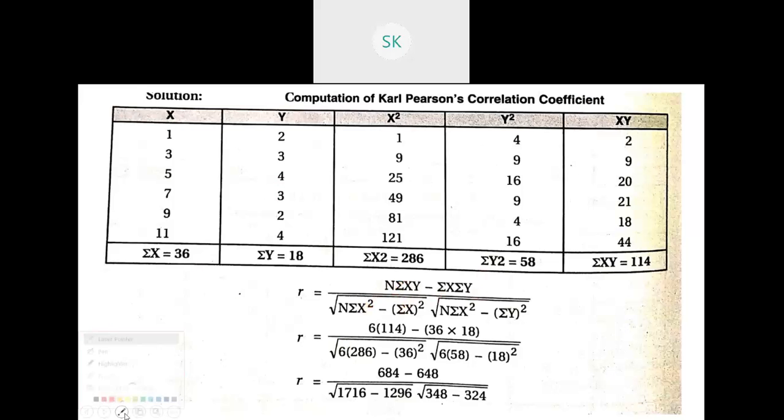The first term to be calculated is sigma xy, which is the first thing given in the question. Then we have to calculate sigma x, then sigma y, then summation x square and summation y square.